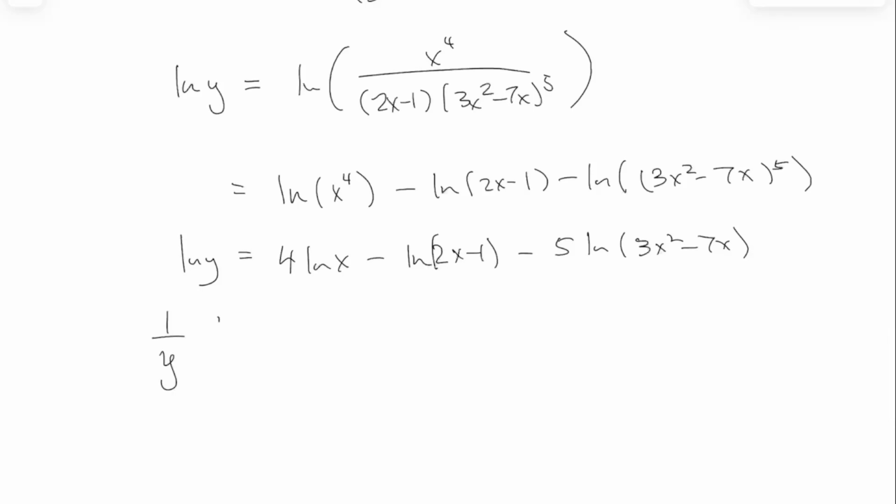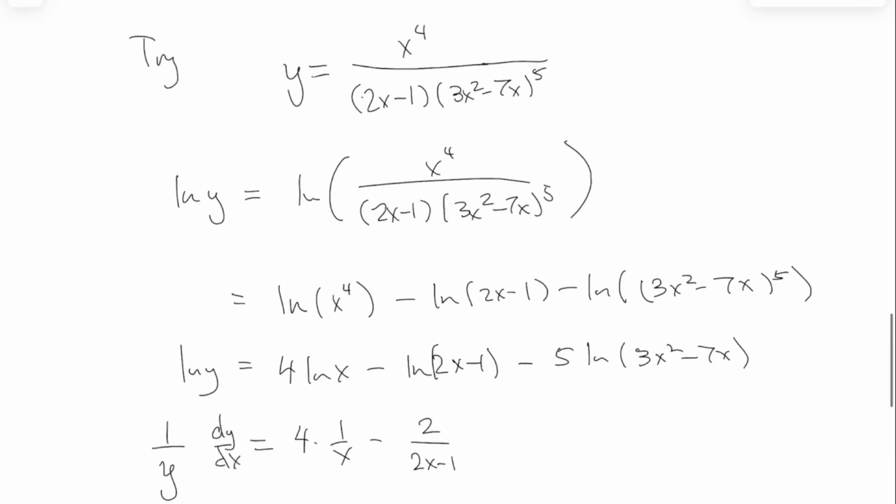On the left, I get 1 over y dy dx. And on the right, I get here 4 times 1 over x minus, this is going to be 2 over 2x minus 1. If you like, you can remember this formula about the derivative of ln with some stuff inside. The answer is g prime of x over g of x.